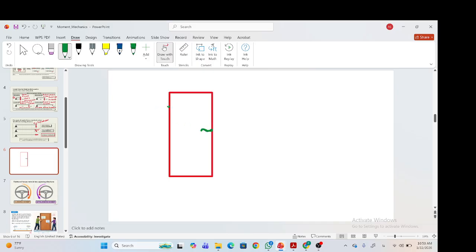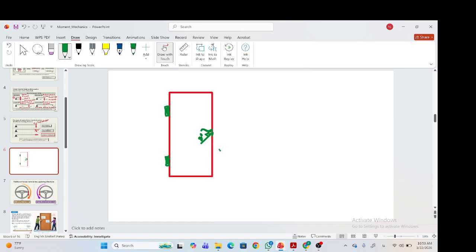Here is the pivot, meaning the fixed point that joins the door with the frame. Now I want to draw 3 vectors. This is the first vector, which is producing 90 degrees here.